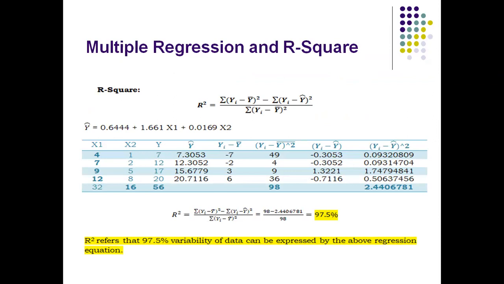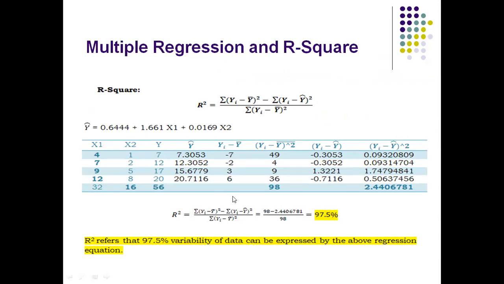This R square value we calculated during the simple regressions. R square here is nothing but this formula we are using: summation of yi minus y bar, that is this average, whole square, minus summation of yi minus y hat whole square, divided by summation of yi minus y bar whole square.